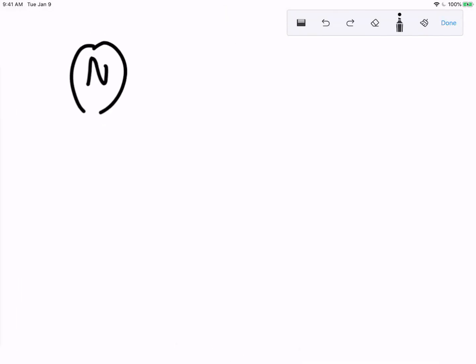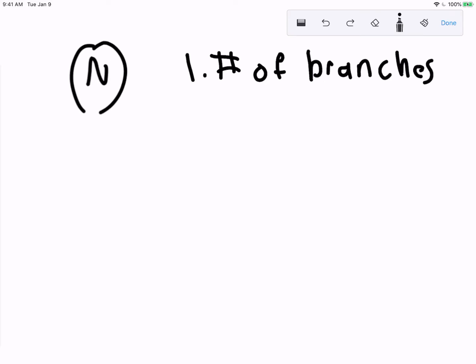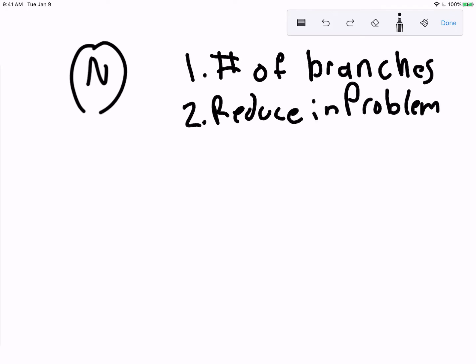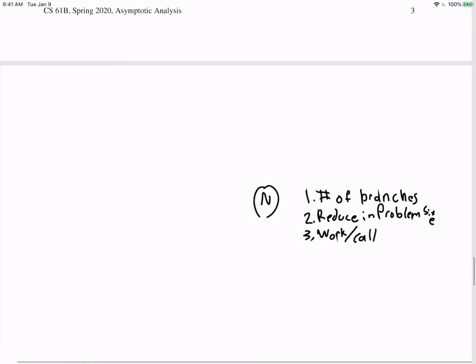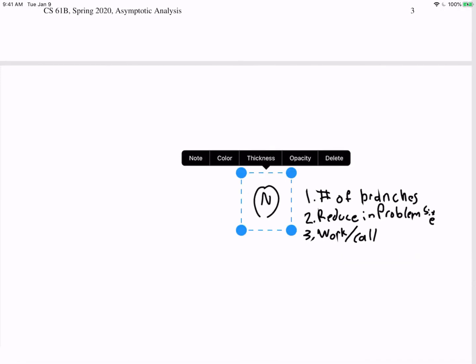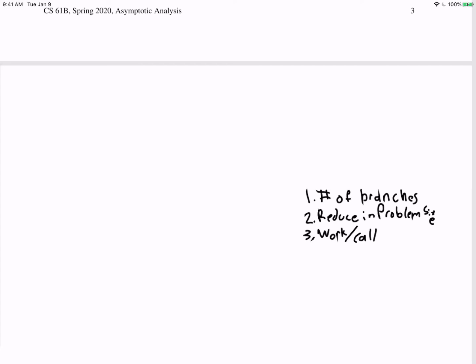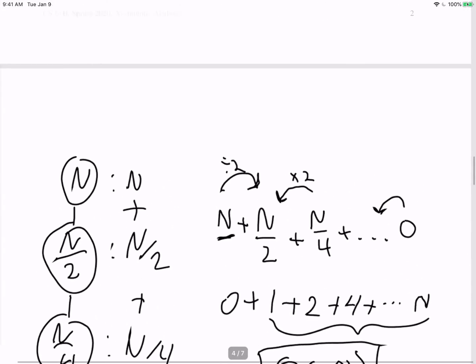We want to know 1, the number of branches, 2, the reduce in problem size, and 3, the work per call. These are the 3 things we want to find out, so let's figure them out.